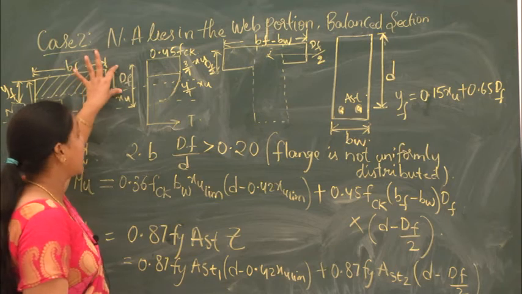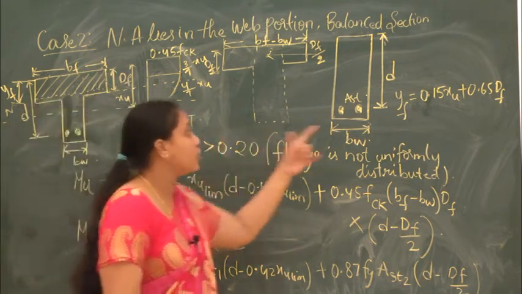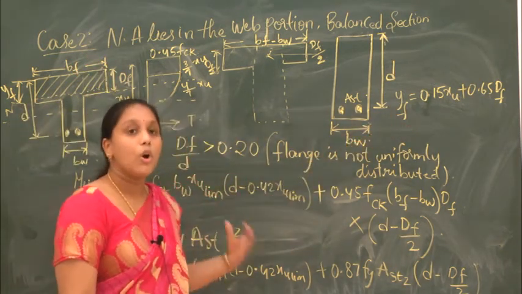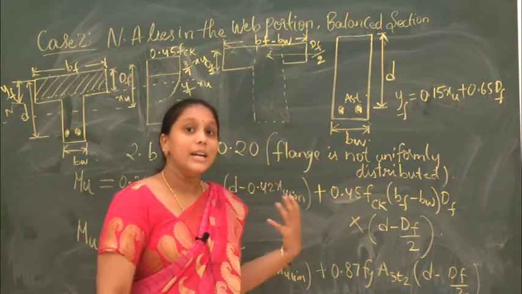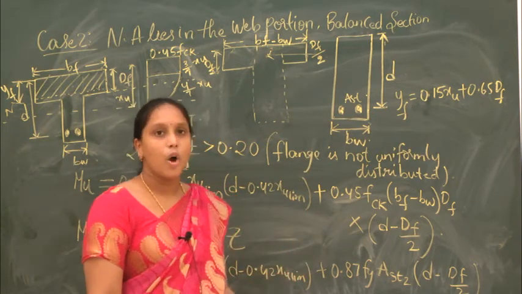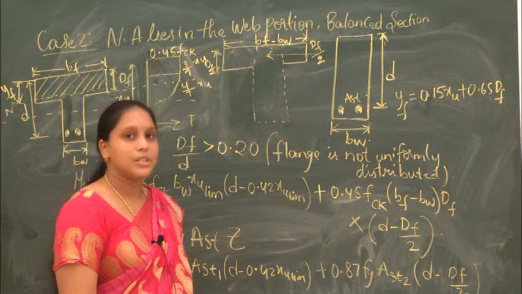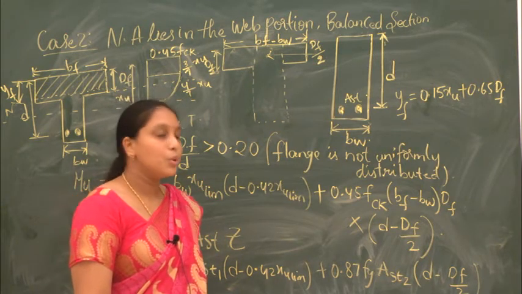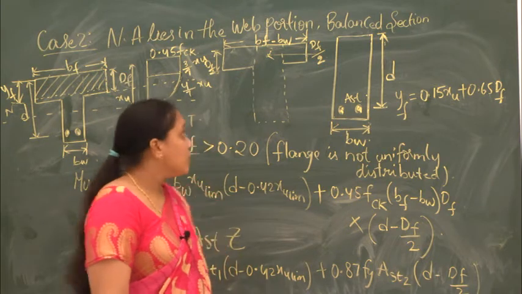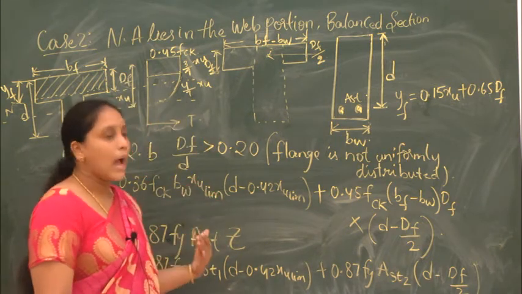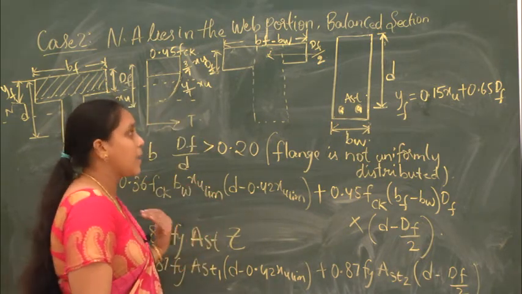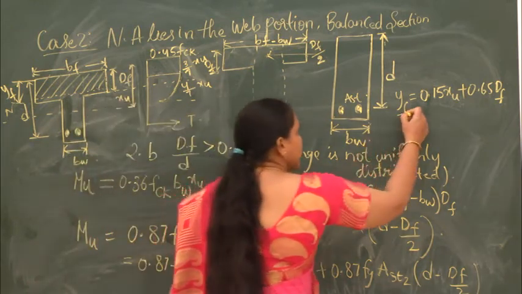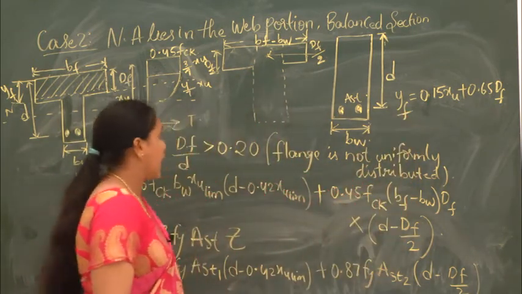So in place of Df, we have to substitute Yf, because Yf is considered as the equivalent depth of the flange where the stresses are nearly uniformly distributed. For that reason, wherever you have Df, in that place we have to substitute Yf.